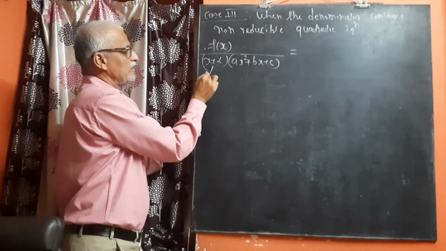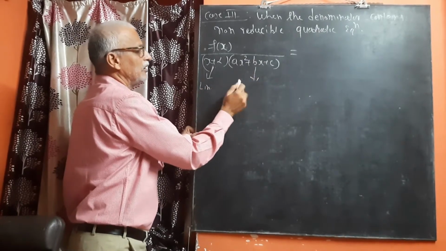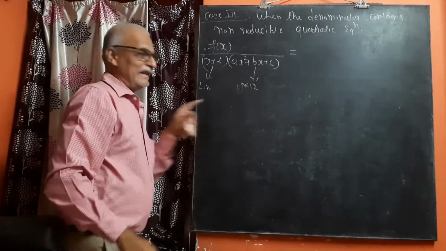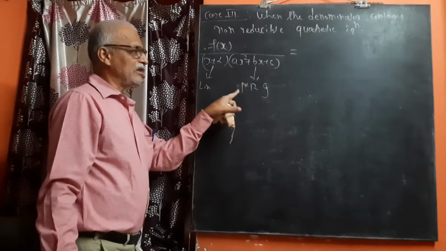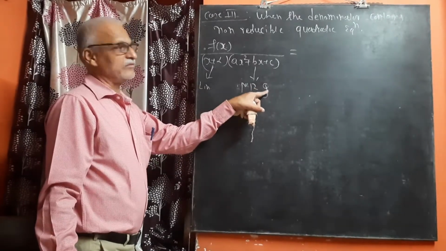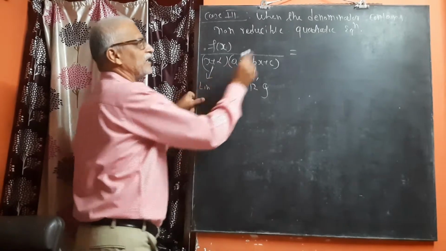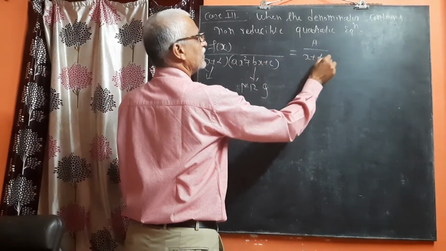NRQ means non-reducible quadratic factor. This is the linear. Now for linear, you have to consider again the constant A upon x plus alpha, plus.